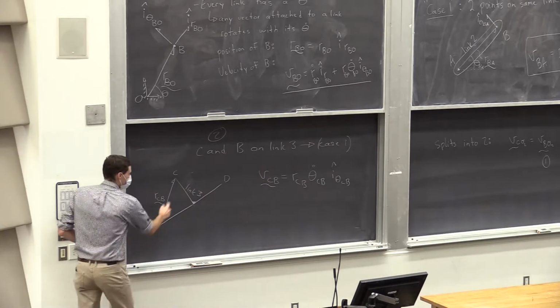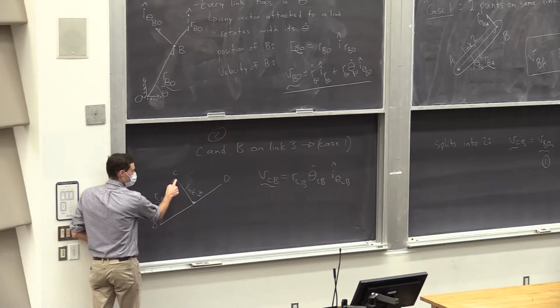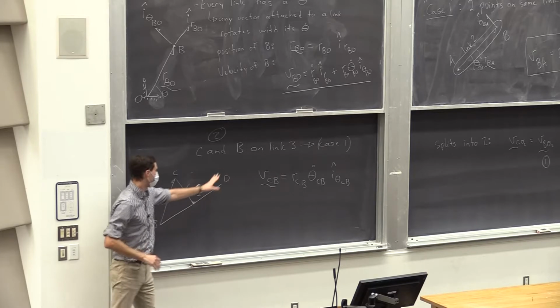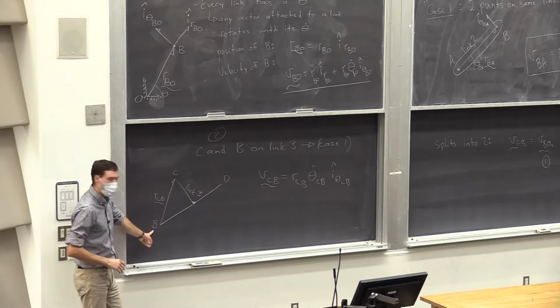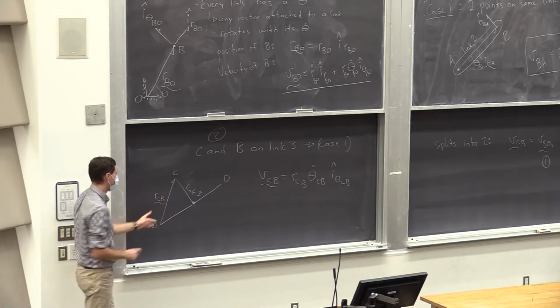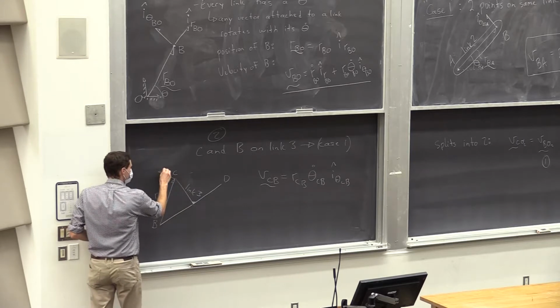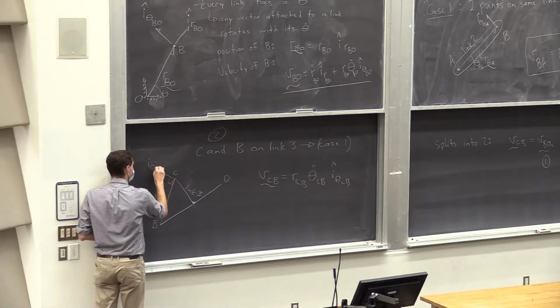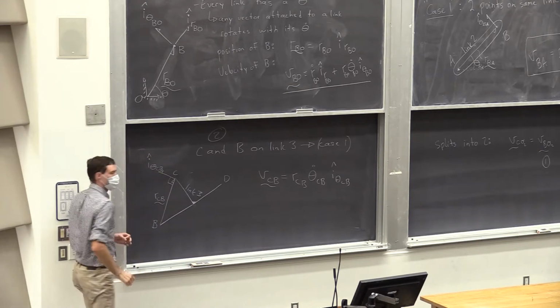It's tempting to say, okay, it should be perpendicular to this segment or perpendicular to this segment. Nope, we don't care about those. We don't care about D. All we care about is C and B. And we already put our vector on. So let's just go perpendicular to that. That's our direction.